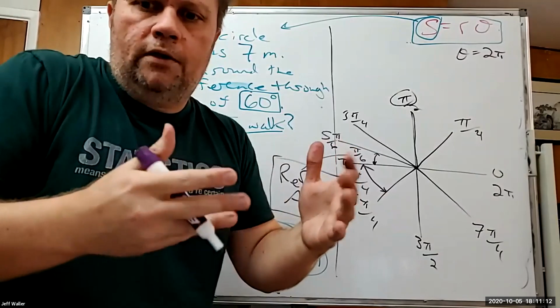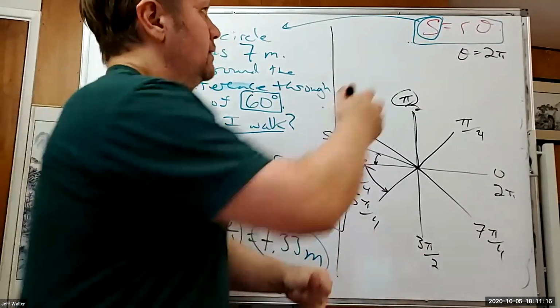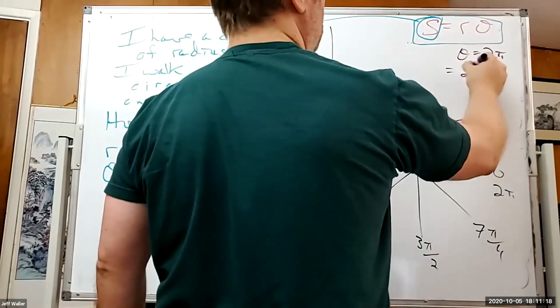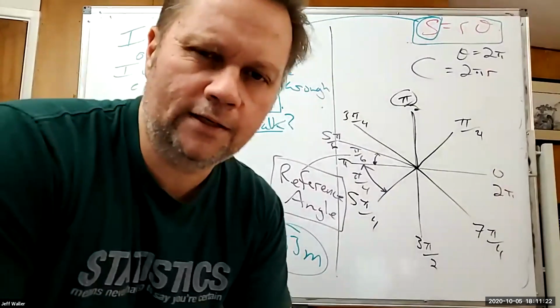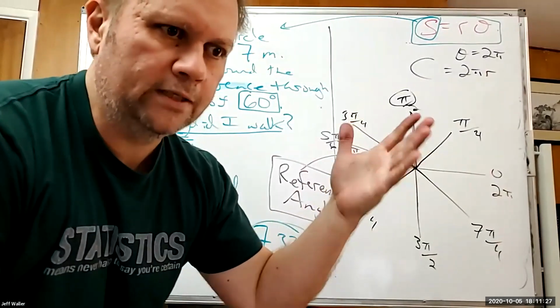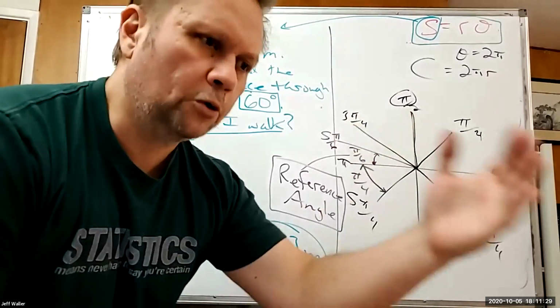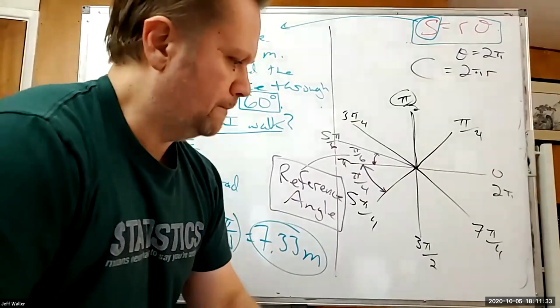So shouldn't the distance I walk be equal to the circumference? If I put 2 pi in, don't I get 2 pi r, which is the circumference? Of course that's kind of silly, you're like, well, duh, Jeff, we built it off of that idea. But it's kind of nice to see an old result coming from this relatively new equation.